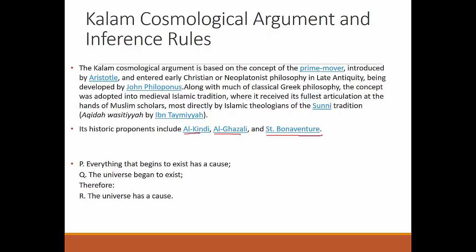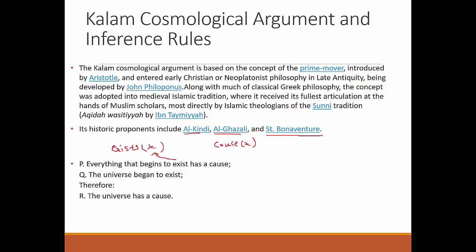So let's take this statement into consideration and represent it. So if X exists, we will represent it like this. X has a cause, we will represent it with this. But the statement says everything that begins to exist has a cause.